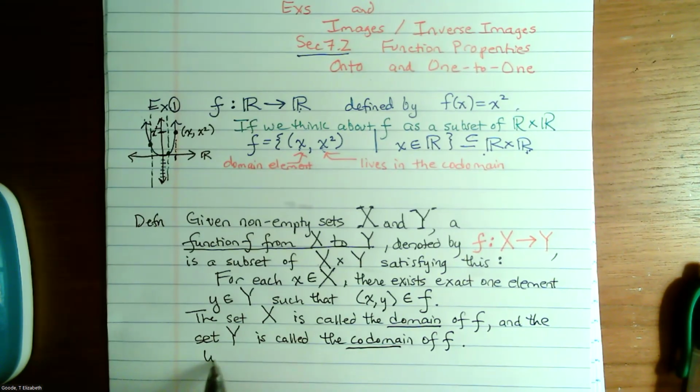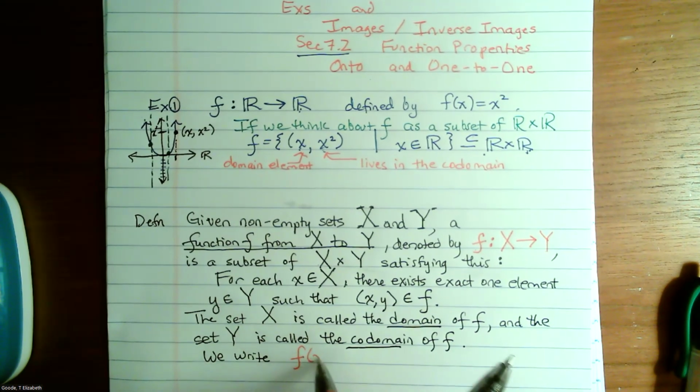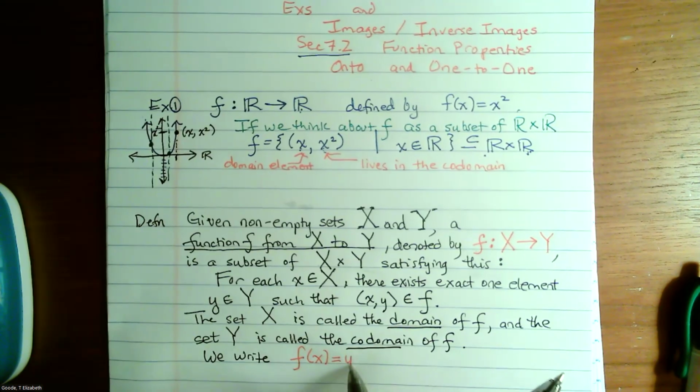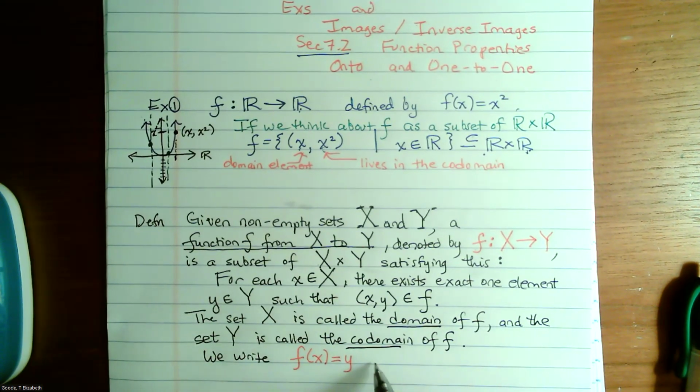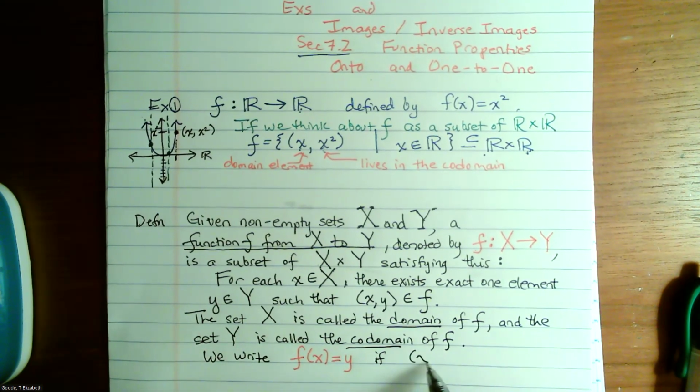Also, folks, we write, and this is notation I'm sure you've seen, f of x equals y if the ordered pair x comma y is an element of F.